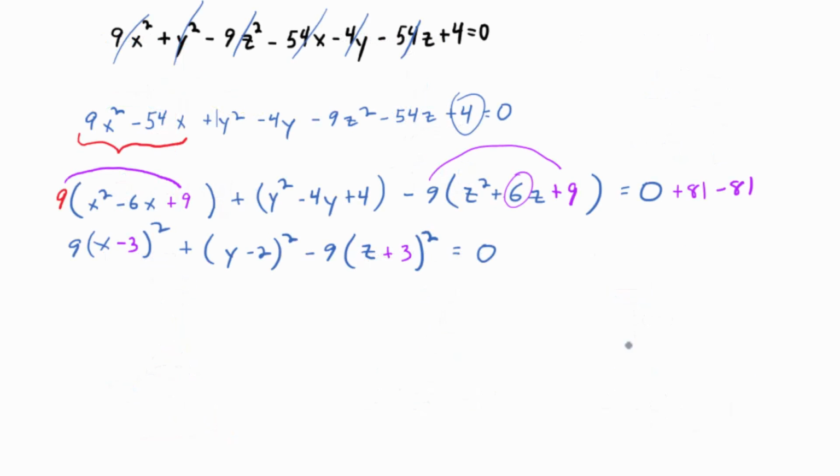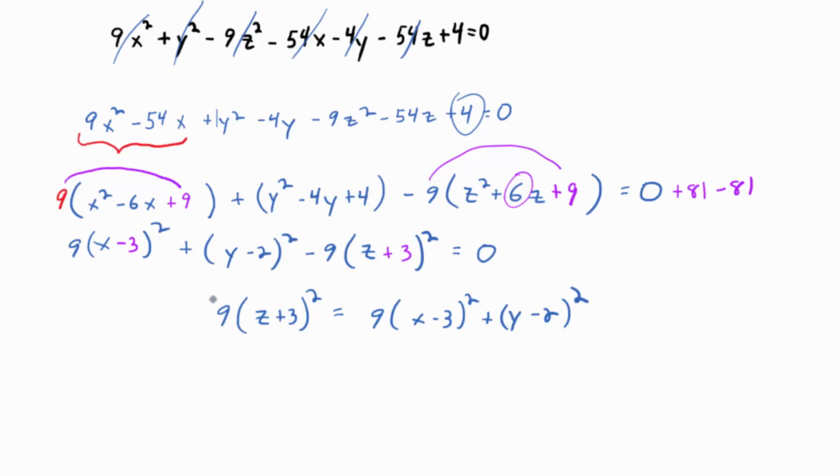If I want to put it in standard form, let me add 9 times the quantity z plus 3 squared to both sides. I'm going to flip it around and make it 9 times z plus 3 quantity squared equals 9 times x minus 3 squared plus y minus 2 squared. Everybody agree so far?